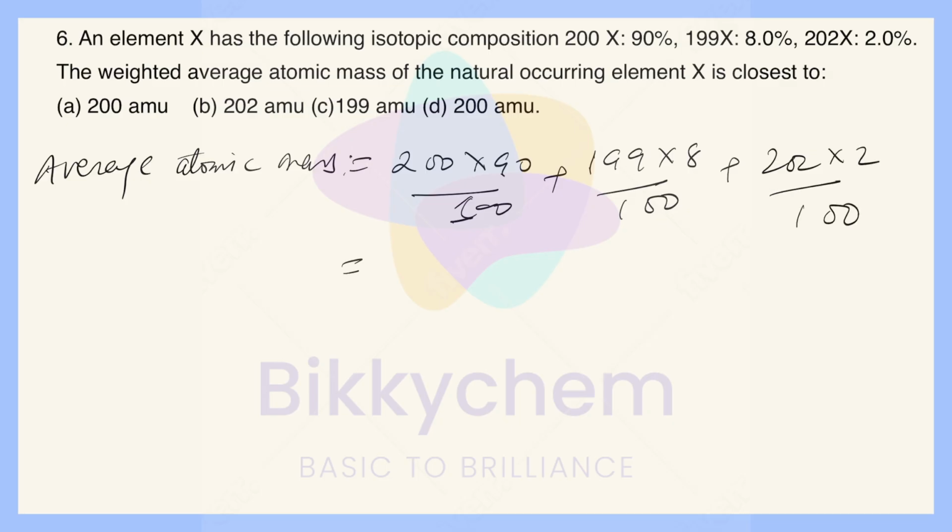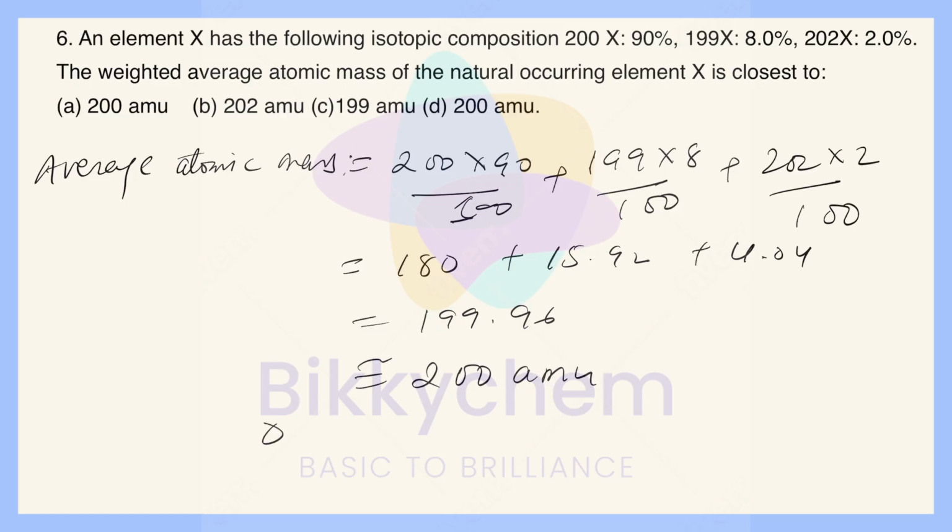So it will be 180, 15.92 and 4.04. If you add them, 199.96, which is approximately equal to 200 AMU. So the option is D. Simple answer.